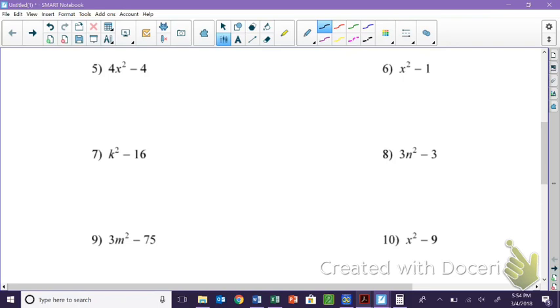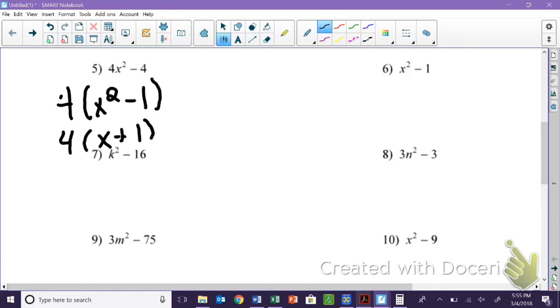So, this will become 4 times x squared minus 1. So, it becomes 4 times x plus 1, x minus 1. And that will be your solution. Okay? You have to take out the 4. 2x squared plus 2 is just not going to be right because it's not technically completely factored.